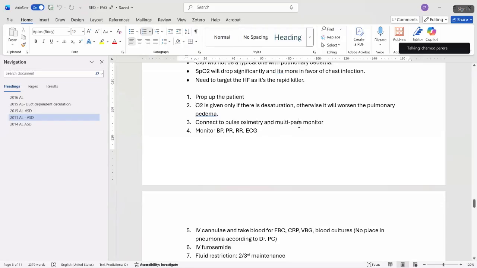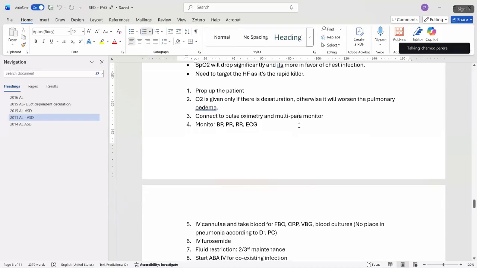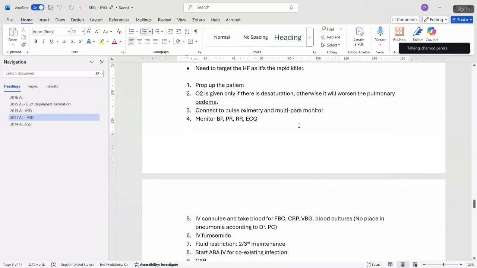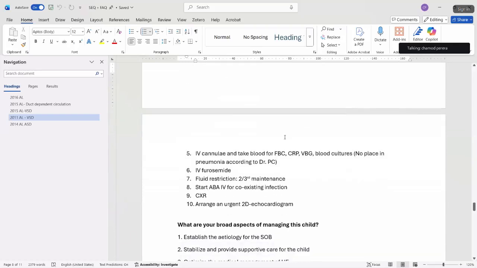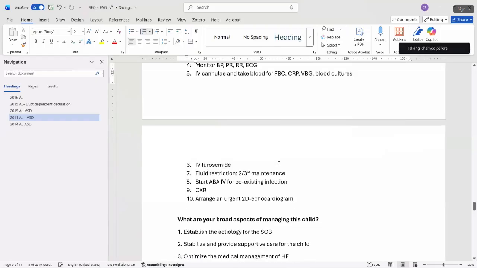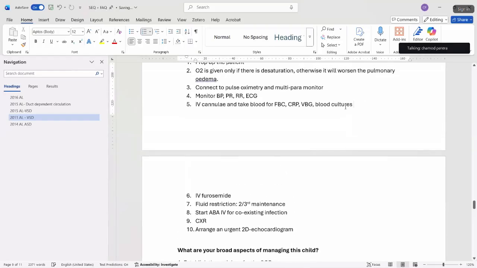So you need to connect the patient to the pulse oximetry and also the multi-para monitor and monitor the blood pressure, pulse rate, respiratory rate, and ECG, right? IV cannula has to be inserted and blood has to be taken for full blood count, CRP, and blood cultures, right? So blood cultures are important because this patient can have underlying infection.